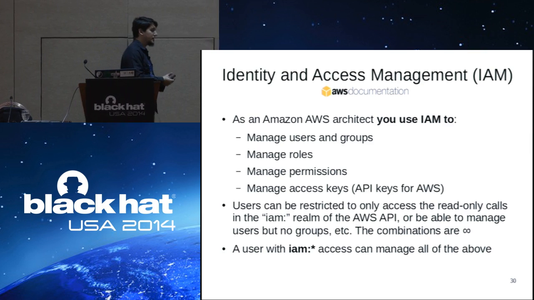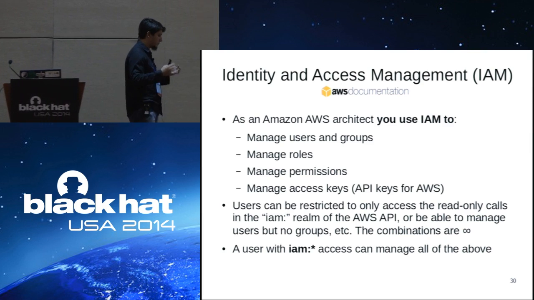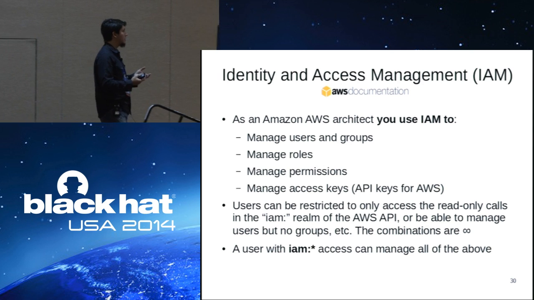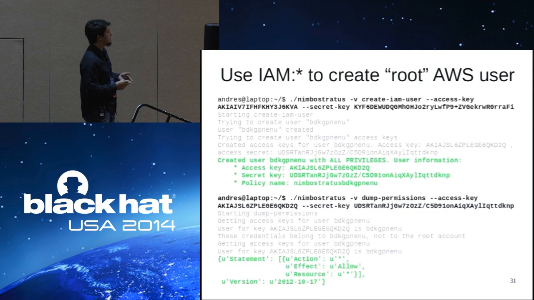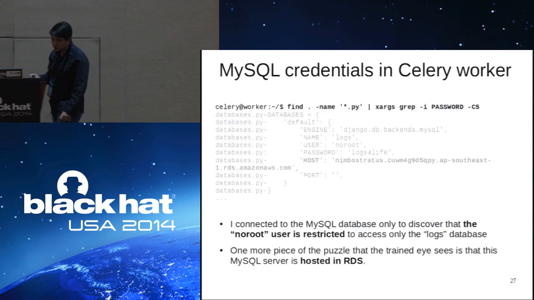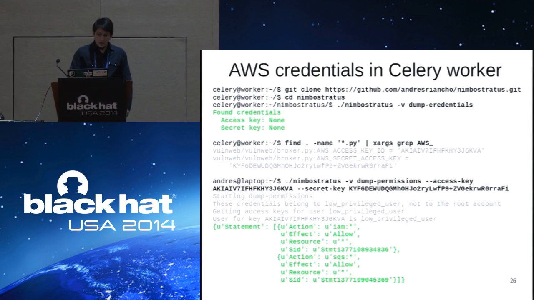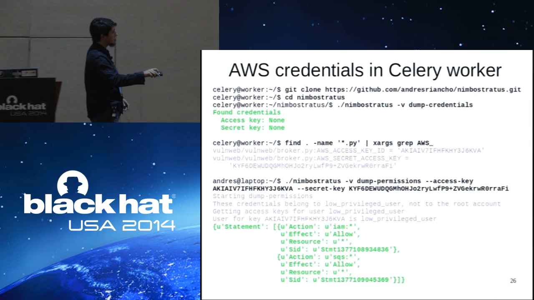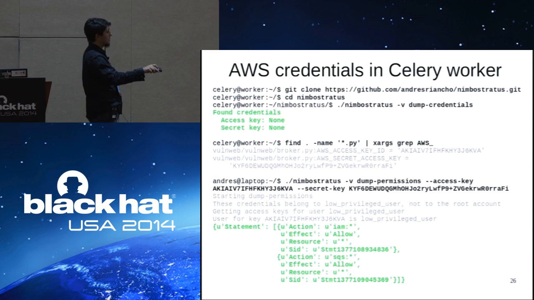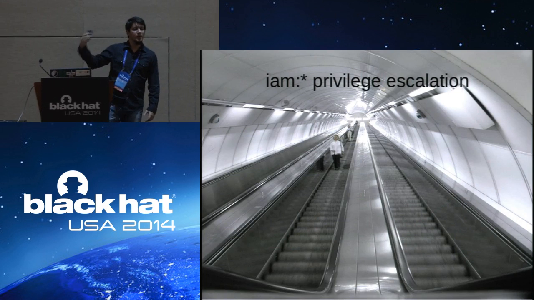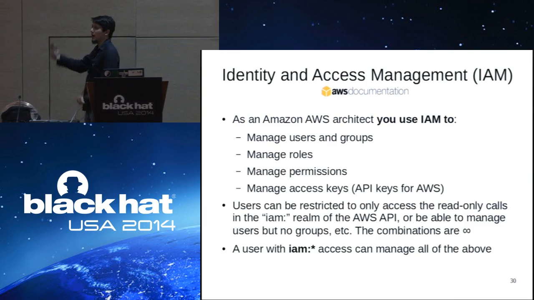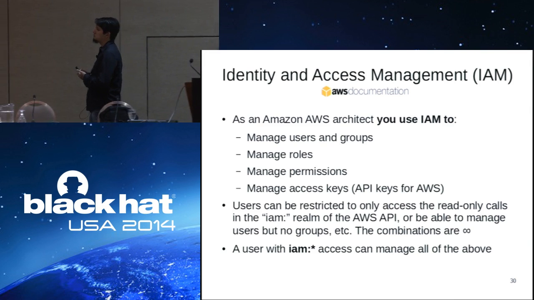Here, by mistake, and this is totally the fault of the guy configuring the permissions, we had access because of this IAM star allow on any resource, we have access to performing any action in the IAM API.